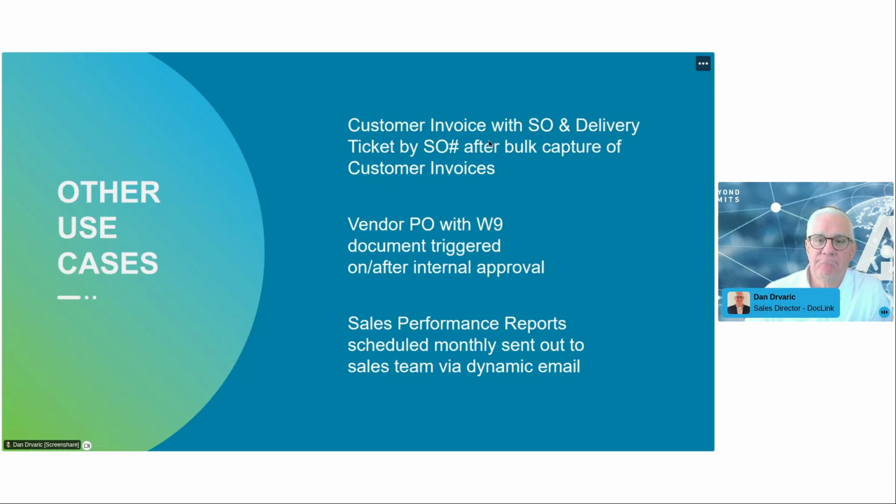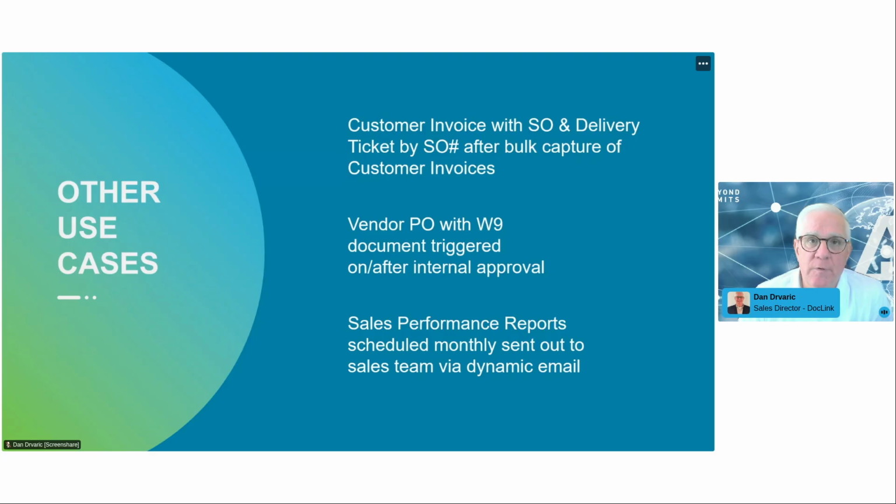So the proof of delivery is the first example. We can use the automated document delivery for other purposes. You may have to send a new W-9 along with your most recent purchase order to one of your vendors. You can certainly do that. You could send sales reports.